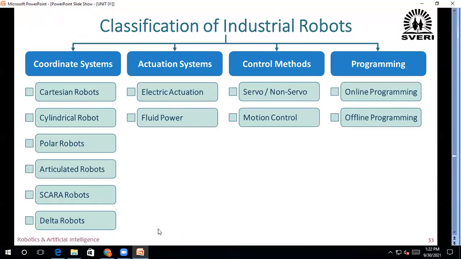Now, today we'll see classification of industrial robots.